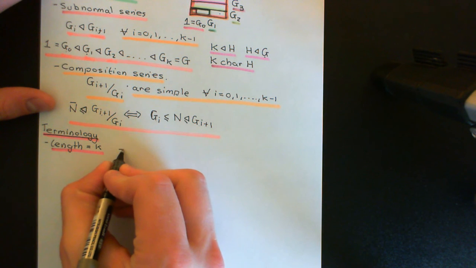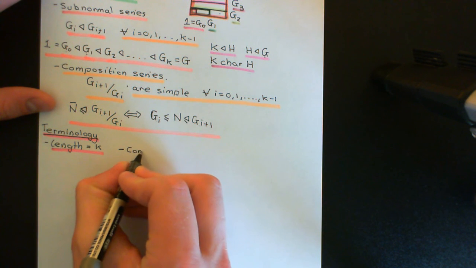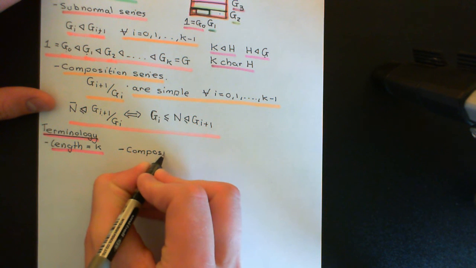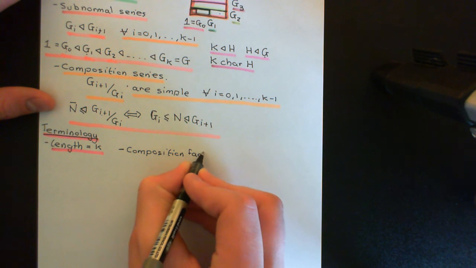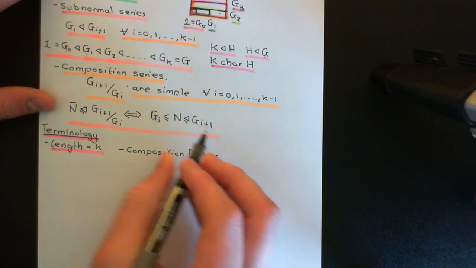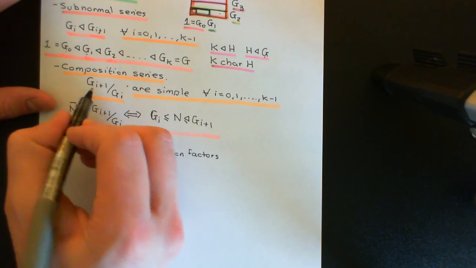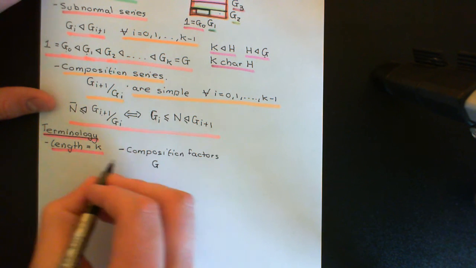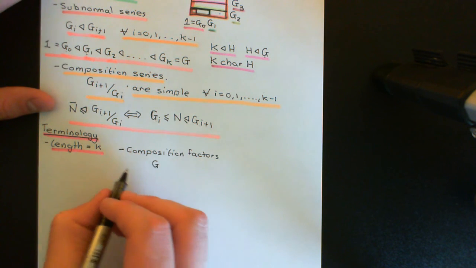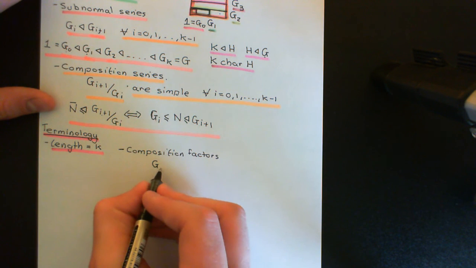And then the other piece of terminology is composition factors. We've already talked about these, we just haven't called them the composition factors. So the composition factors are these quotient groups that you can form. You can form k of them, the length of the composition series, composition factors.